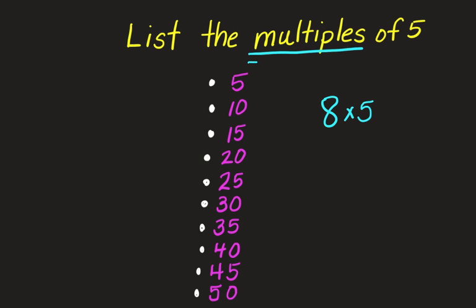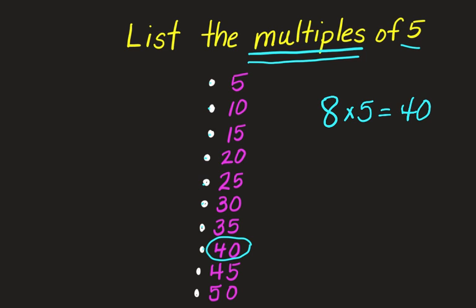A multiple is just a number that you say when you're skip counting by that number. So multiples of 5 are the numbers I would say skip counting by 5. So if I need to do 8 times 5, I go 1, 2, 3, 4, 5, 6, 7, 8. 8 times 5 is 40.